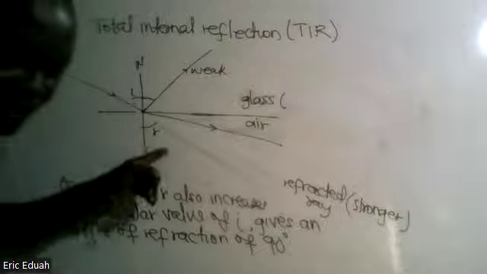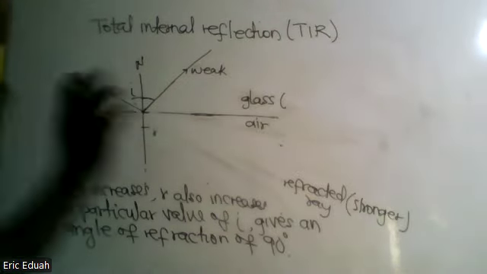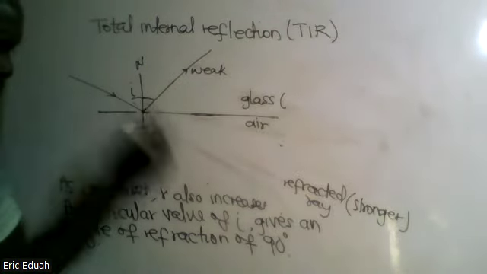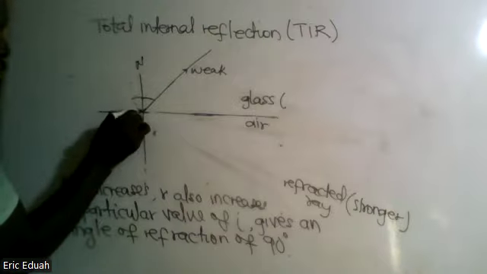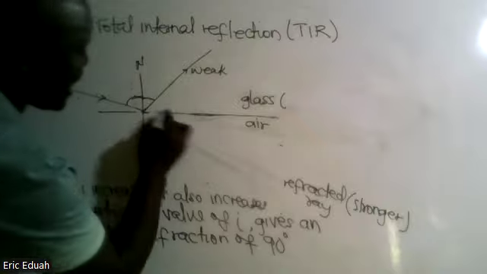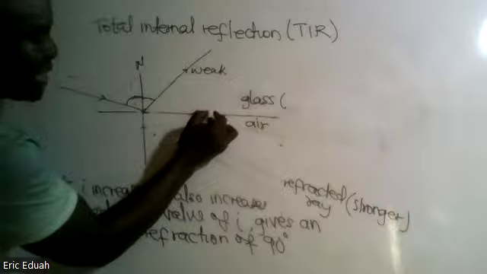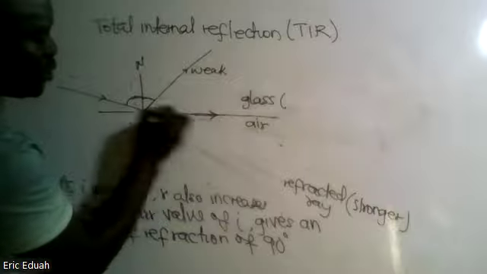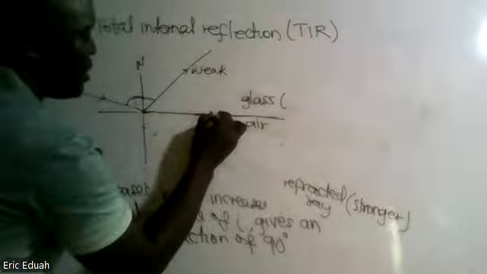And this angle of incidence, which gives us an angle of refraction of 90, is special. We are increasing I progressively, so there will be one particular angle of I where the refracted ray will just lie on the boundary between the two media.